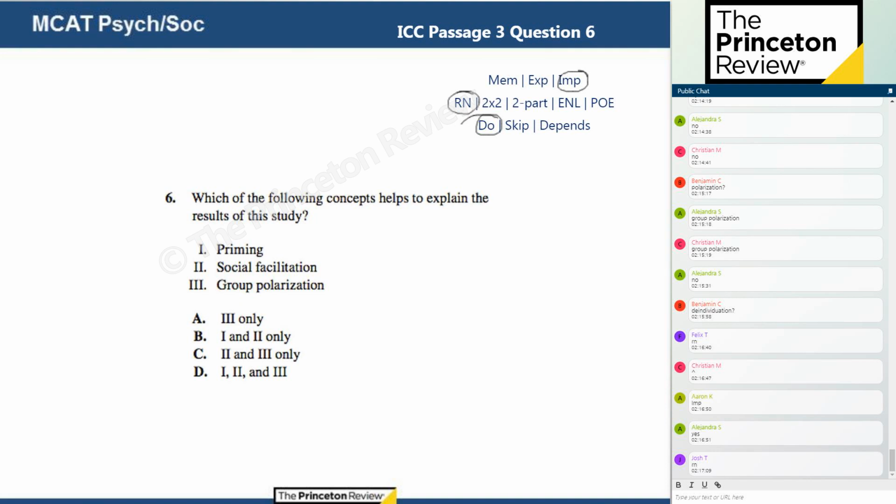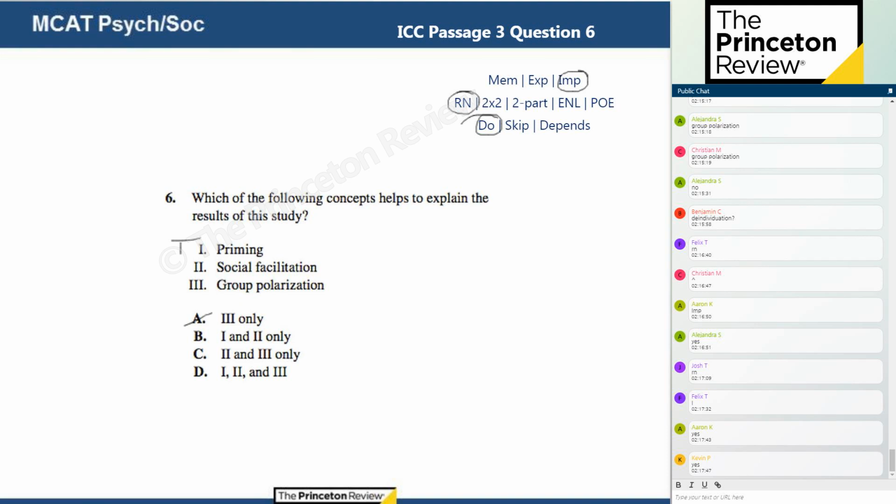Okay, so remember Roman numeral asks us to take a look at which of the Roman numerals are used exactly twice. So we're going to evaluate which Roman numeral first. Roman numeral 1. Okay, was priming part of this study? Yeah.